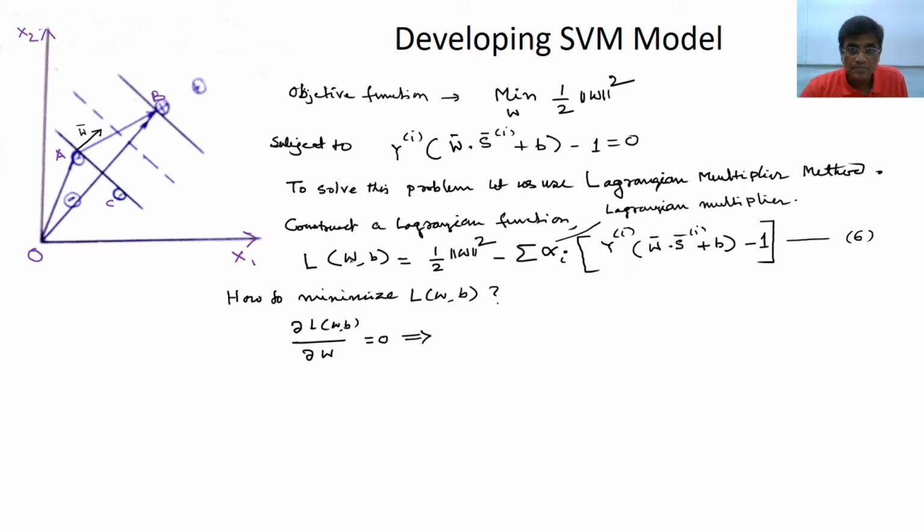You see now, if I do this, then the 2 is cancelled, so W equals minus, you see, alpha constant, y constant, and the sample x. So this term will be here: alpha i, y i, and x i.